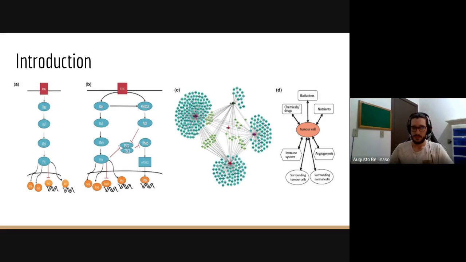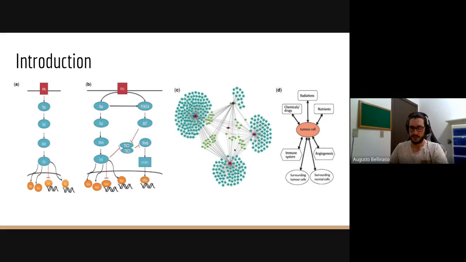We can go on adding some complexity into this network by adding crosstalks and feedback loops. So we have a more complex signaling network. And at another level, if we want to see the whole level of proteins or genes in a network, we can have a large network with all the genes or proteins in an organism and all their interactions.